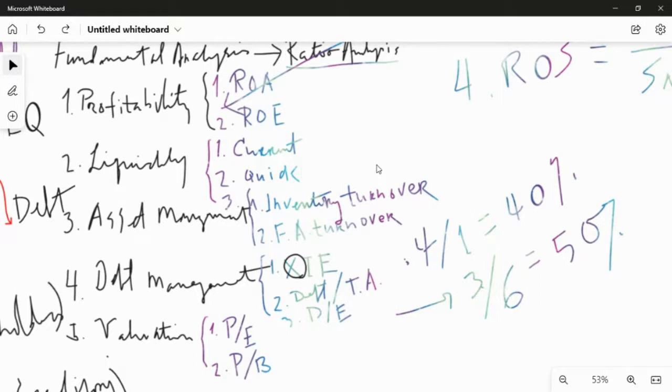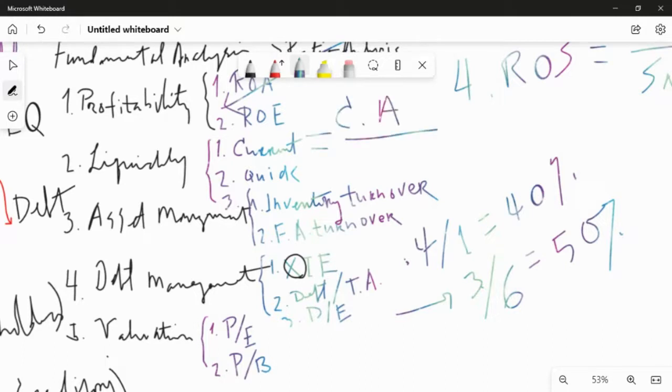First of all, for current ratios, we know current ratio is current assets over current liabilities. What is this?